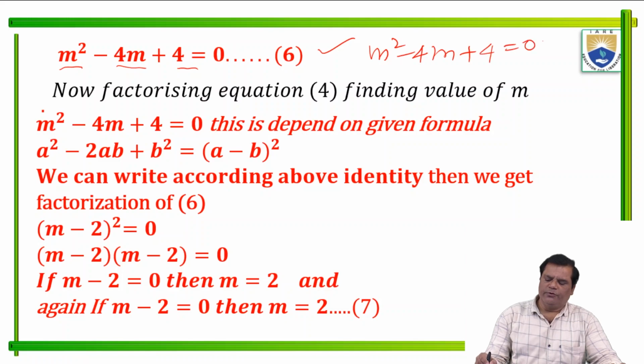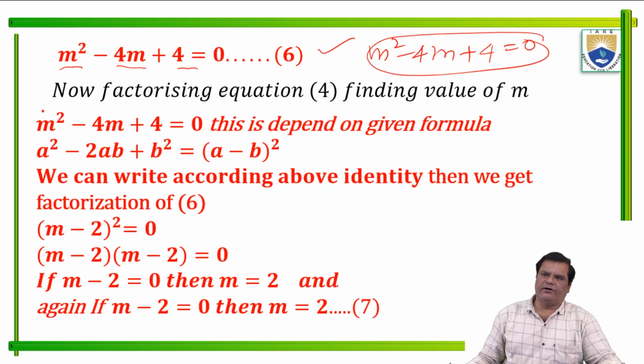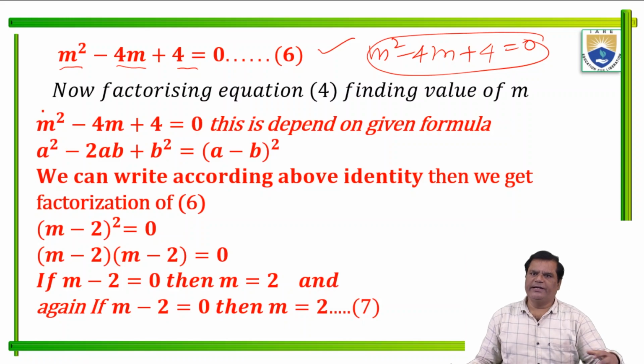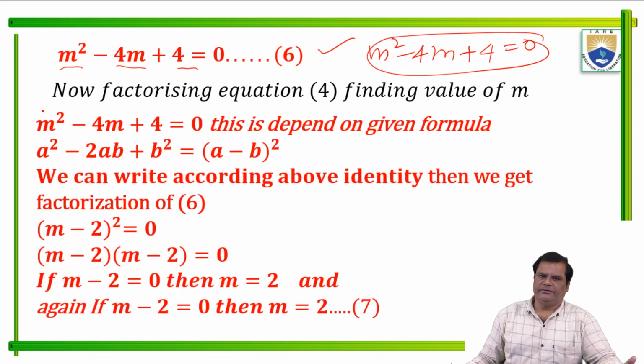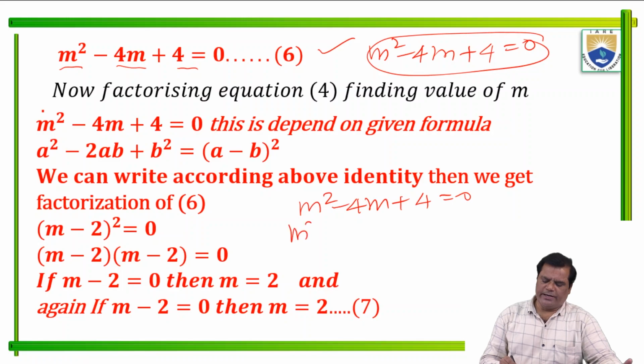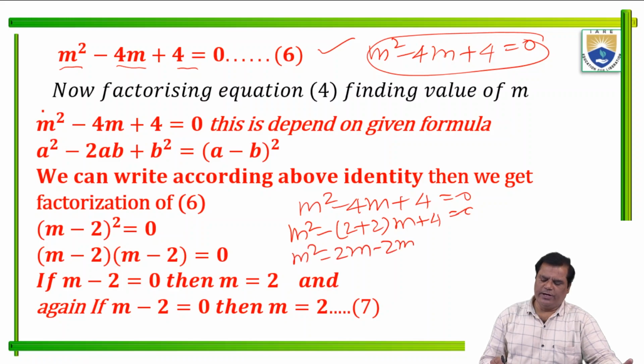Now we find the factors of this equation. How can we factorize it? m² − 4m + 4 = 0, so m² − 2m − 2m + 4 = 0.